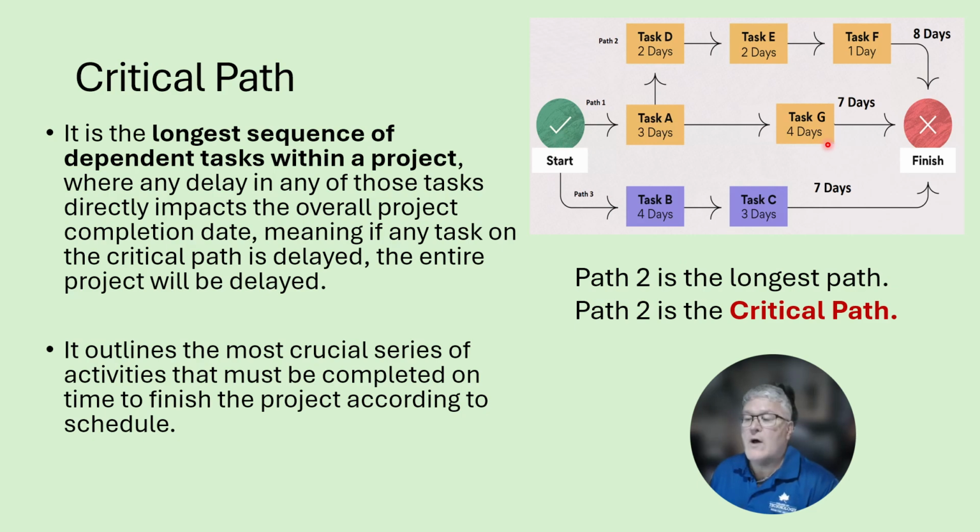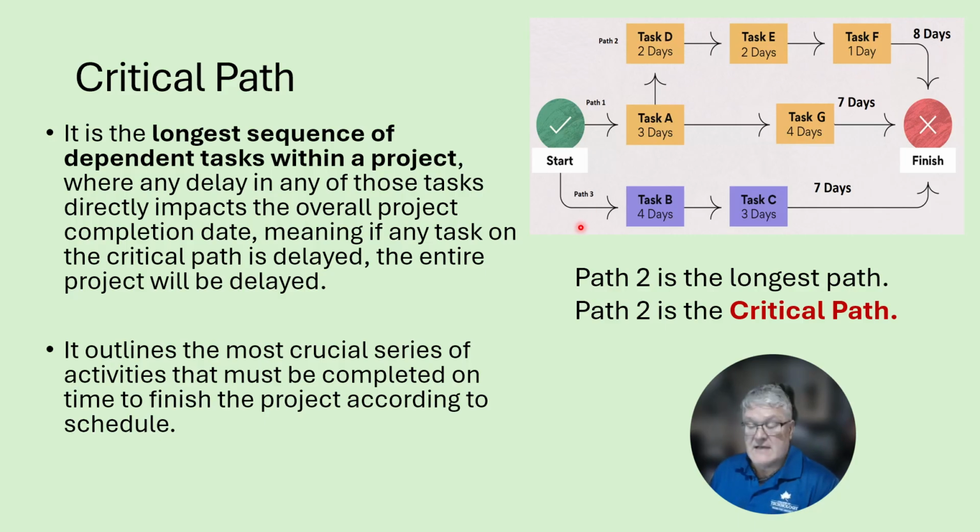Taking a look at the example on the right-hand side, we have 3 paths. We have path 1 that requires 3 days at task A, and it requires 4 days at task G. It takes 7 days to complete this path. Alternately, if we take the second path, it takes 3 days at task A, 2 days at task D, 2 days at task E, and then 1 day at task F, for a total of 8 days.